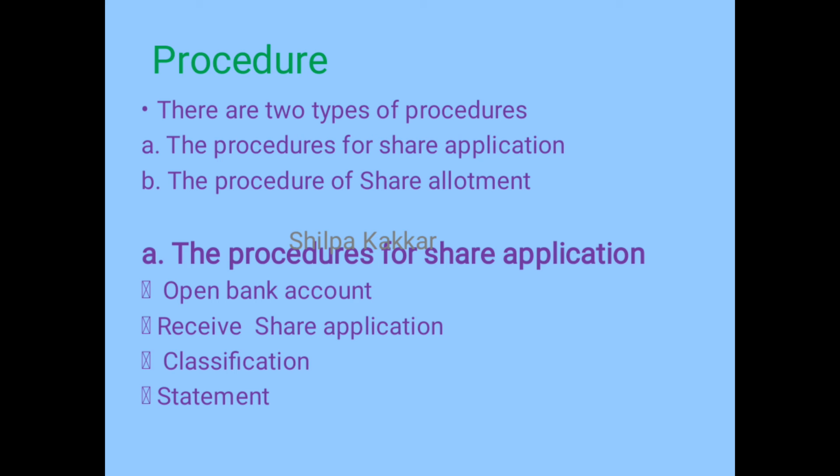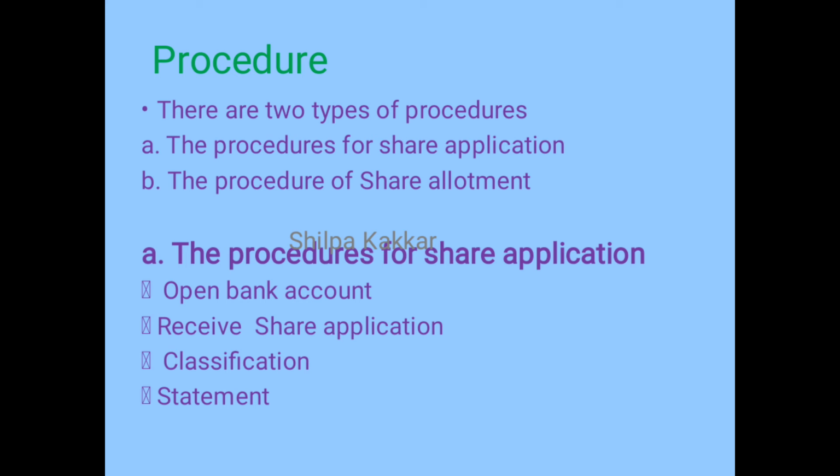It is called minimum subscription. You all have heard about minimum subscription. You know about the memorandum of association also. What is the memorandum of association? There are 6 clauses in the memorandum of association which a newly formed company has to fulfill.